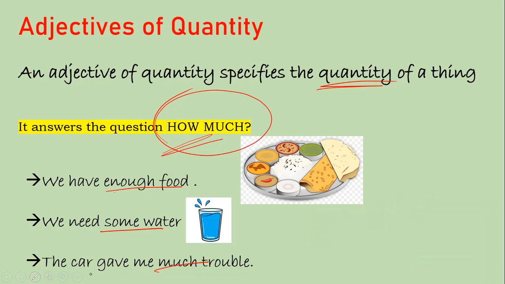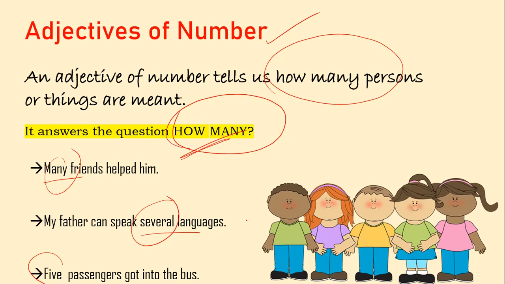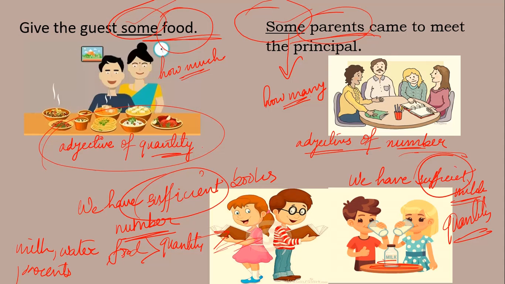Okay, clear? So quantity is used with those which are uncountable. We cannot count food, water. And number, we can count. We can count how many friends. We can count how many languages. We can count how many passengers.